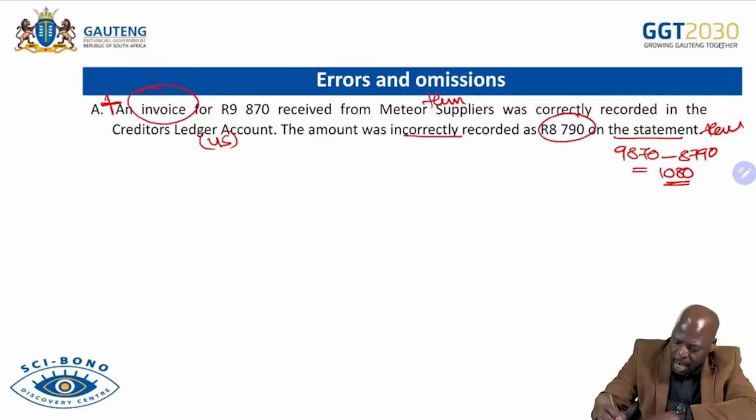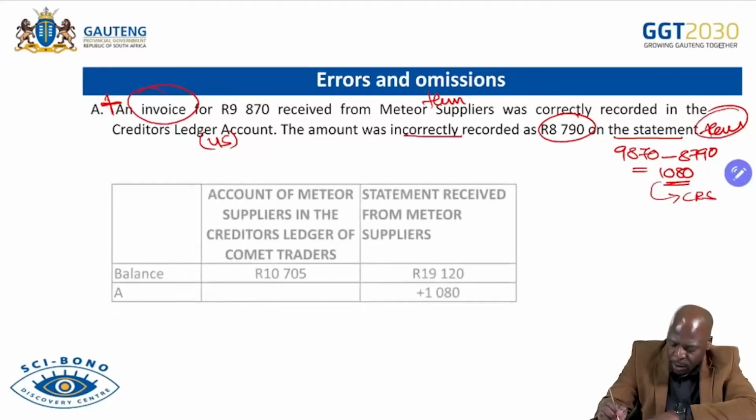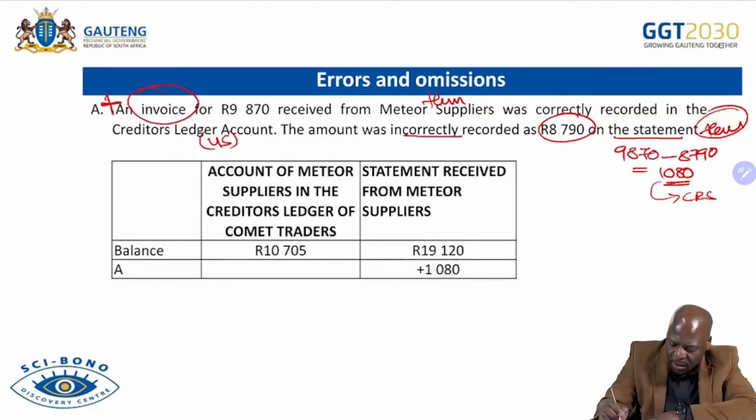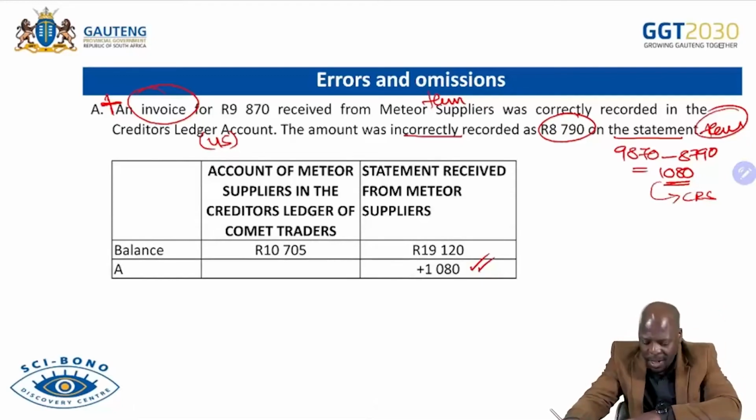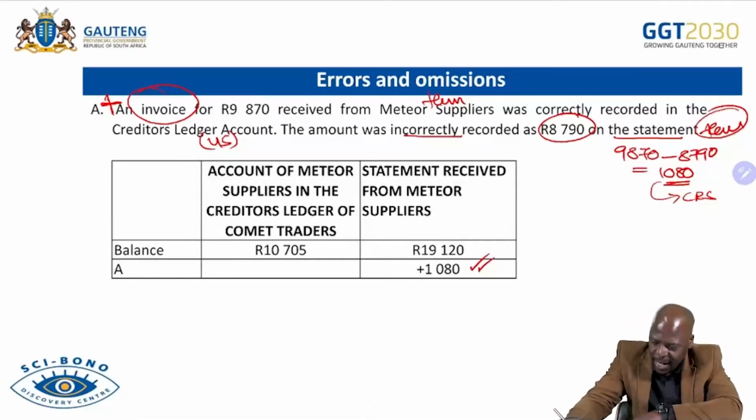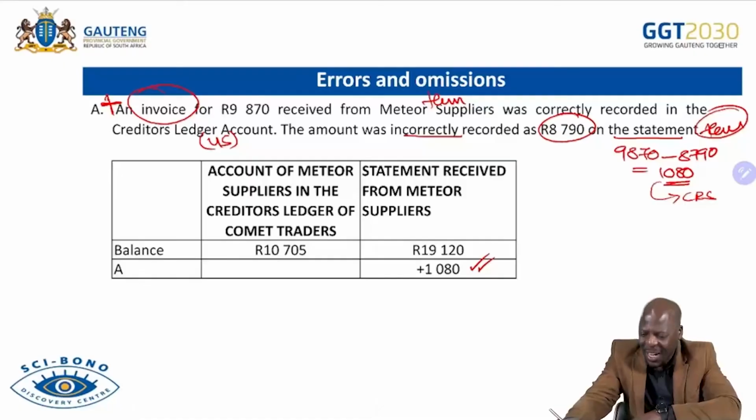That means I should now go, where do I go? Is it in the ledger or in the reconciliation? Who made the error? It is them. Once it is them, that means I will record this in the creditors reconciliation statement. Okay, so I'm going to come, statement receipt from supplier. I'm going to come here, I'm going to add my 1,080. I'm adding 1,080.